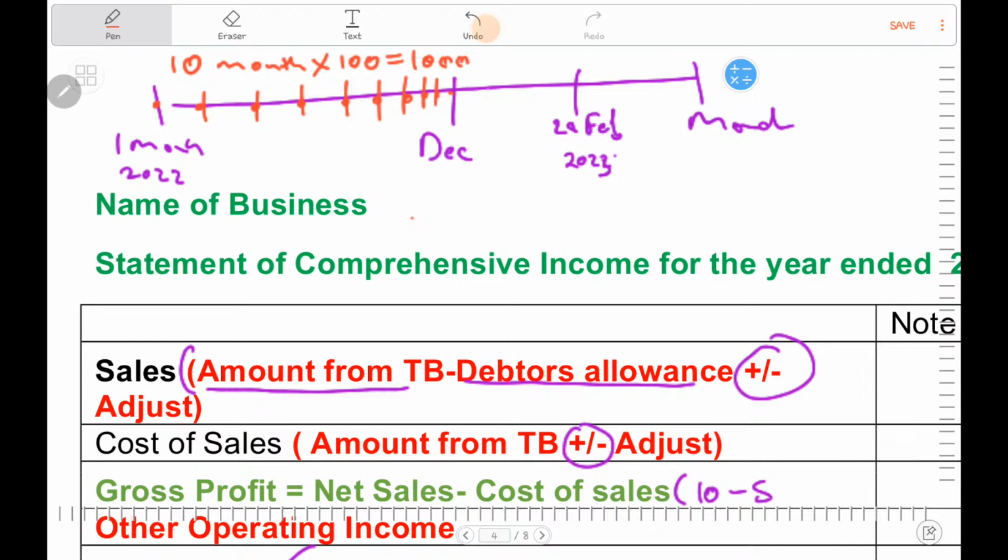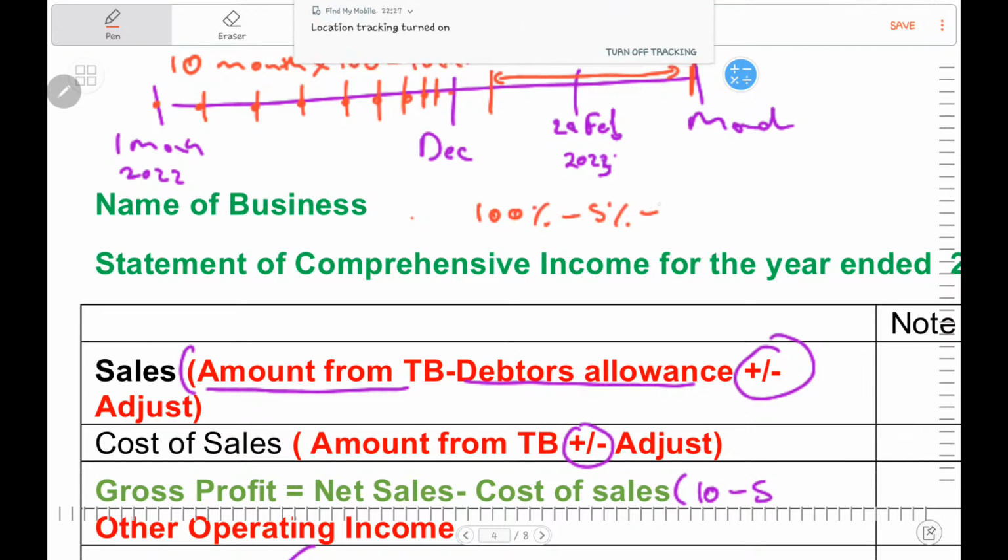But from January up until March, each month will be represented by a percentage that is lower than 100%. If we take the 100% and subtract the 5%, after the decrease each month will be 95%.